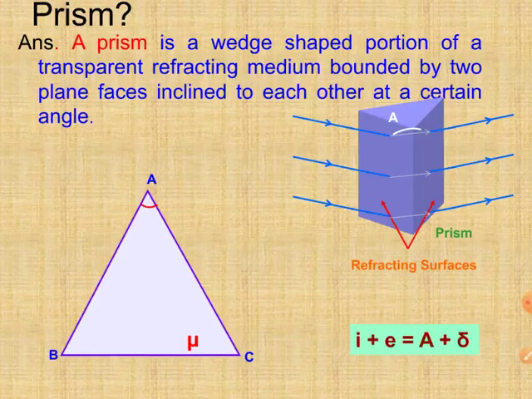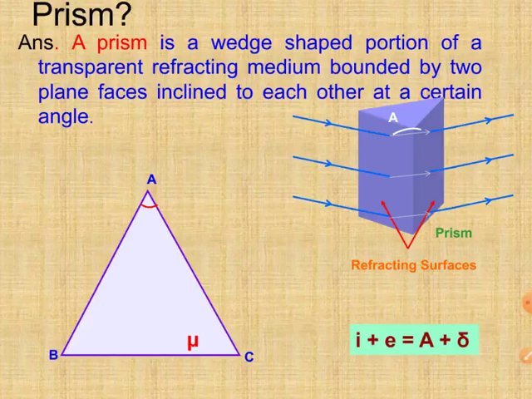The vertex is also denoted by A, and the angle of the prism is also denoted by A. This triangle ABC is a prism, whose refractive index is denoted by mu.